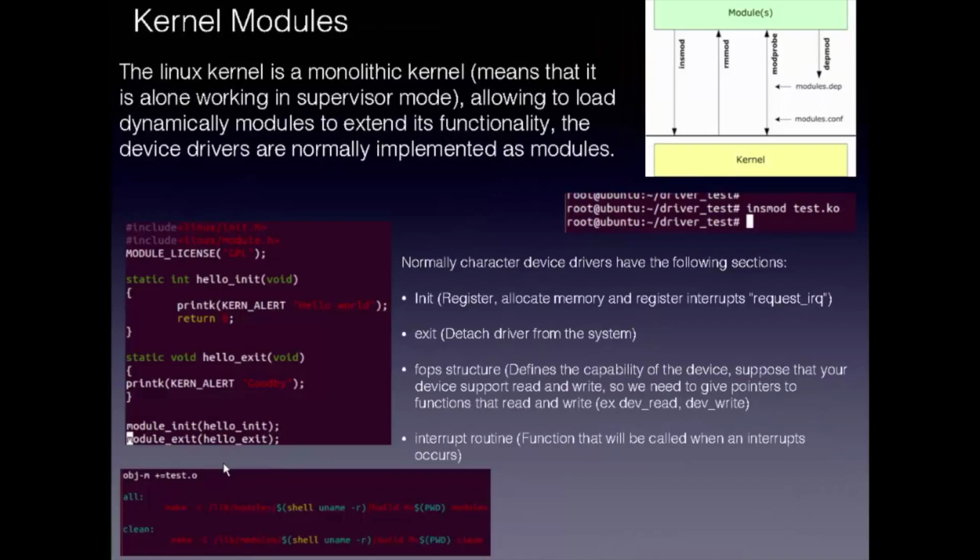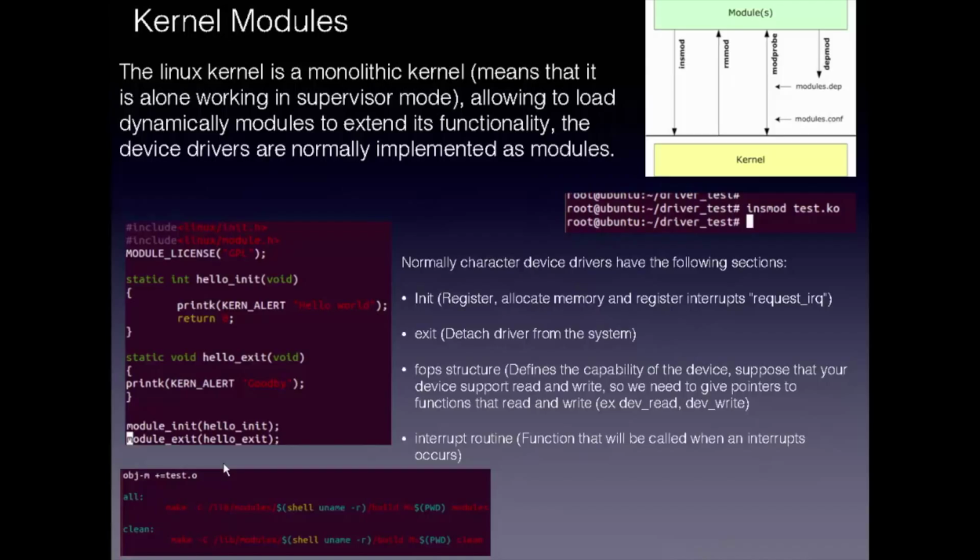Kernel modules. As I explained before, you normally create device drivers using kernel modules. Otherwise you need to change the kernel code directly, and every time you change your driver you need to recompile the kernel all over again. To avoid this, you create device drivers as modules.